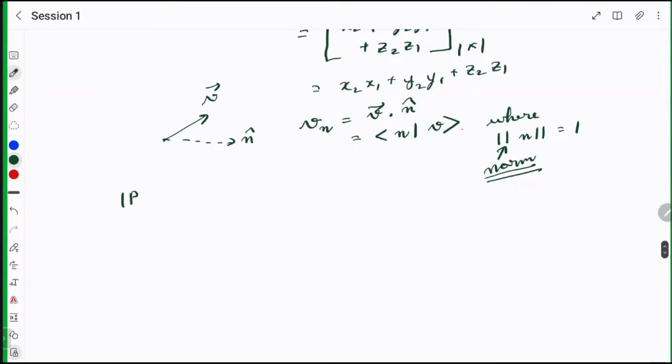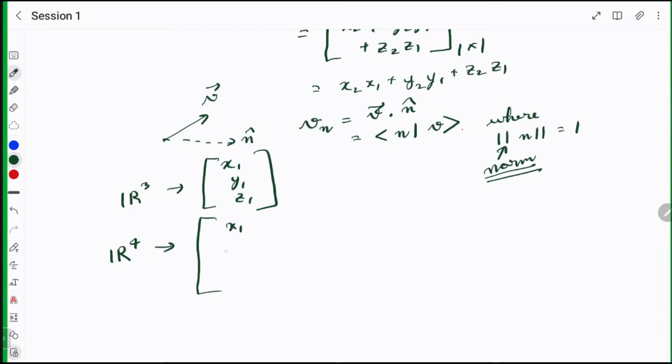Now I can go to a space which is R4. In R3 you have column vectors like x1, y1, z1. I can define a space R4 where it would look exactly the same, just with another component added. Think of it as a generalization of the real space that we had.